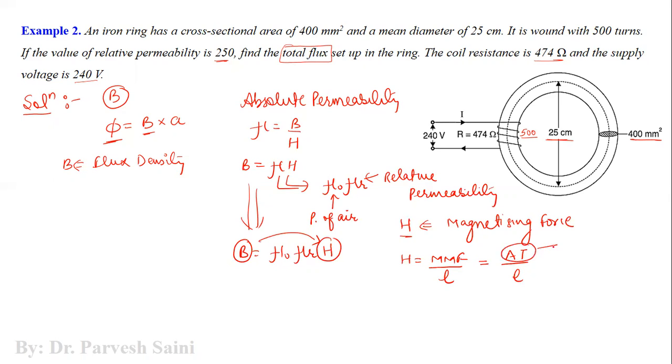Basically, an AT is nothing but it is equal to the magnetomotive force. F is equal to number of turns into the current, right? So this is the current that is flowing in these number of turns, right? So now let us calculate this numerical, and let us try to find out the total flux here.